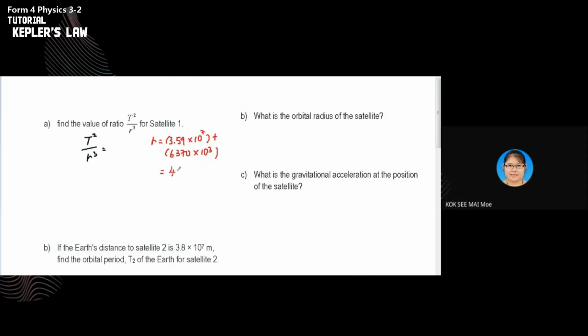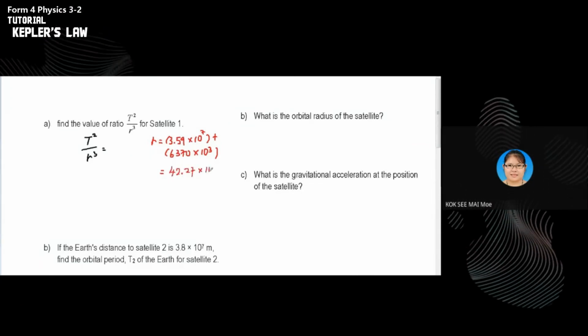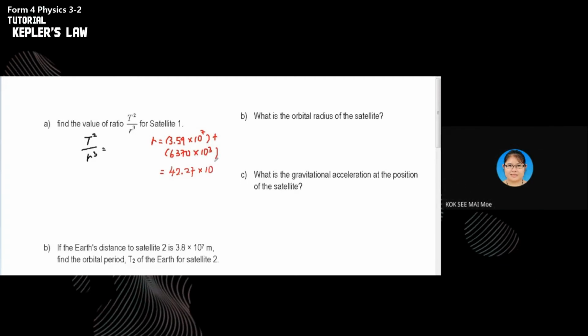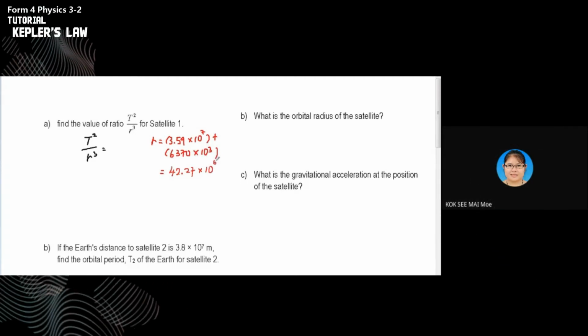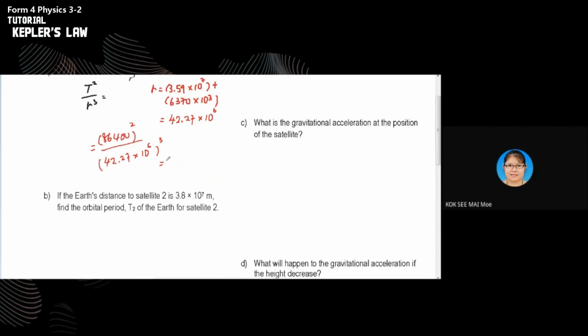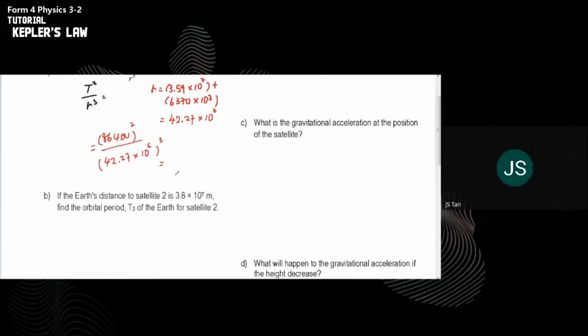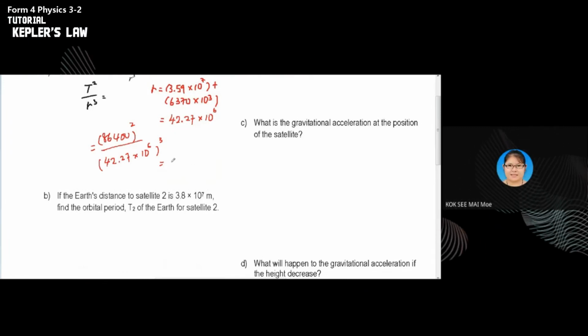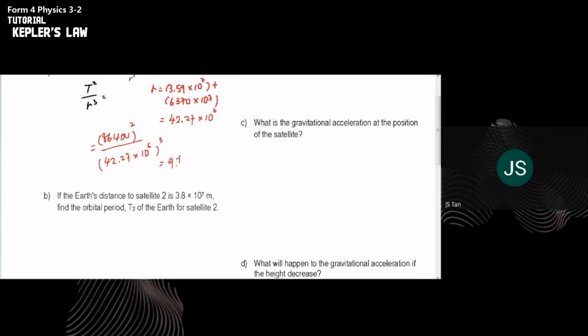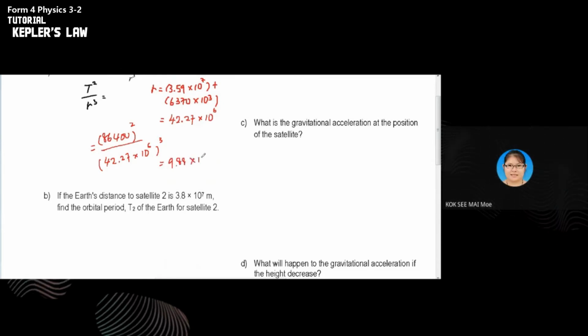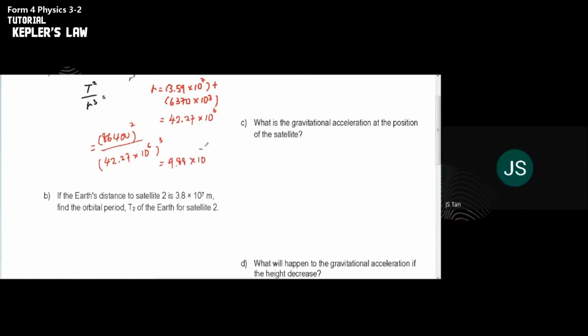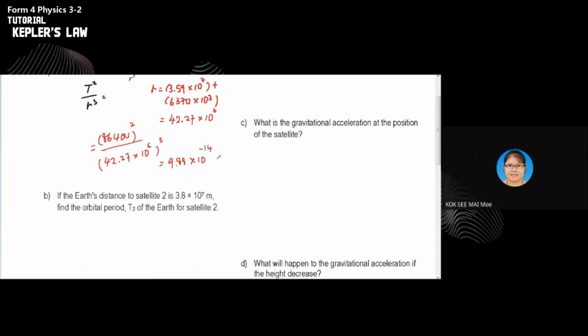So this one, you get 42.27 times 10 power of 6. Then you can apply it. 9.88 times 10 power of negative 14. Unit, I want unit.